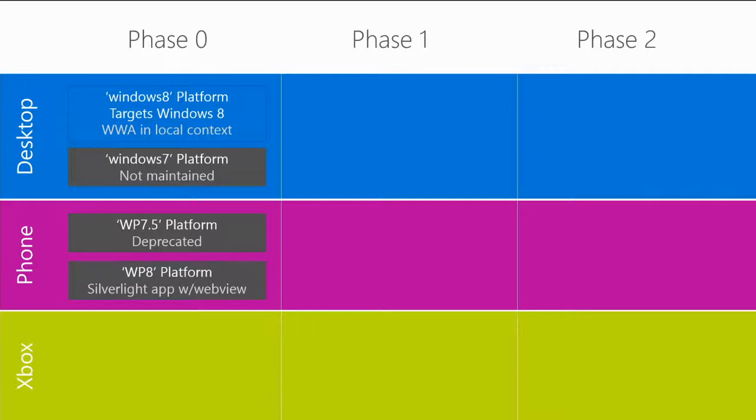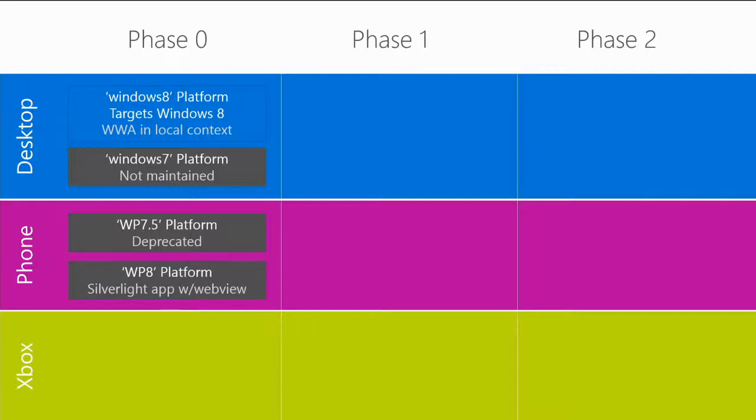There was the Windows 8 platform, which really targeted desktop and tablets. There were the not so well maintained, but still out there, Windows 7 and 7.5 Windows Phone platforms. And then there was the Windows Phone 8 platform, which at the time, and actually still is, one of the dominant platforms to be used out there, primarily because of the number of in-market devices using Windows Phone 8.